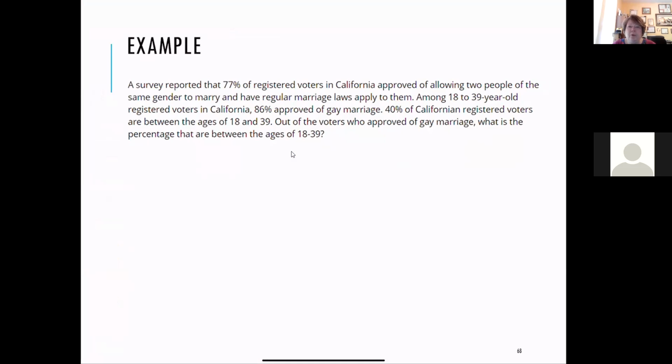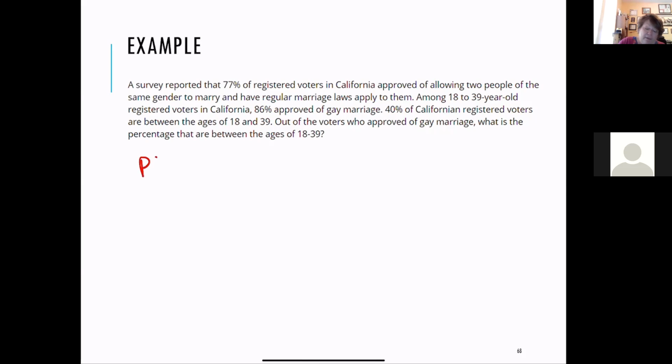A survey reported, and you'll have exactly the same problem, the numbers are just different, that 77% of registered voters in California approved of allowing two people of the same gender to marry and have regular marriage laws apply to them. So the first sentence tells you that the probability of California voters approving of this measure is 77%.